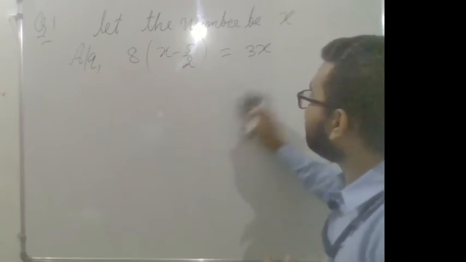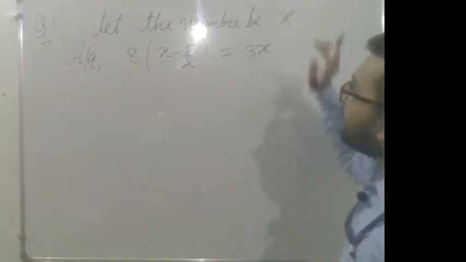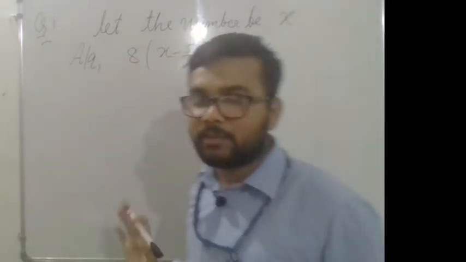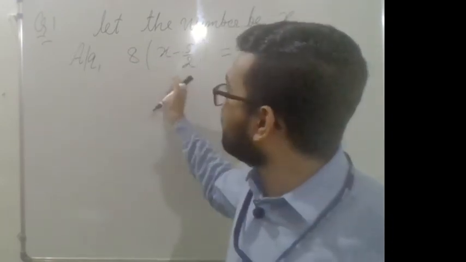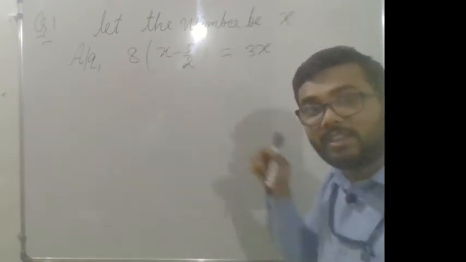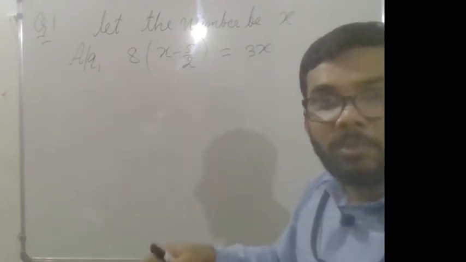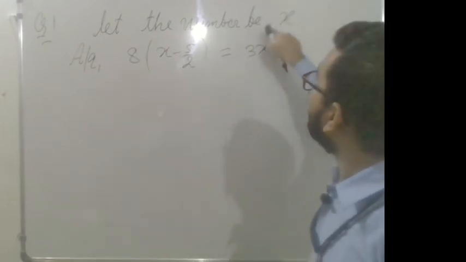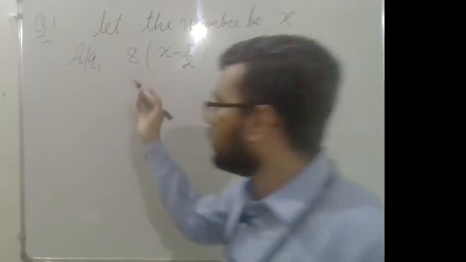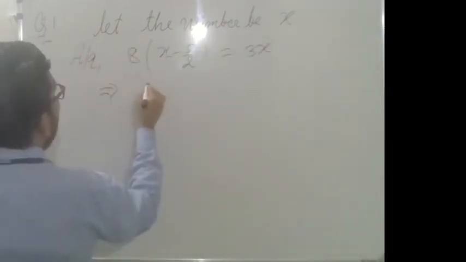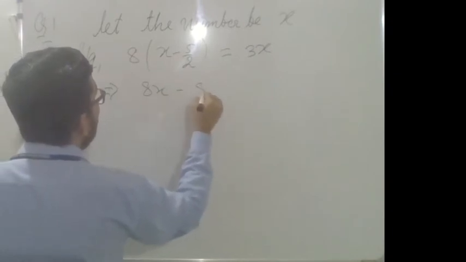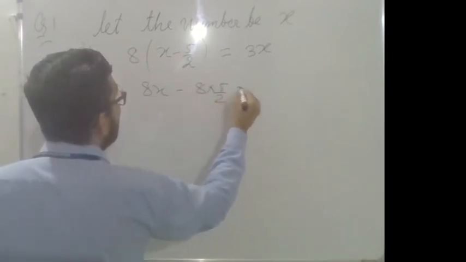Similarly, if she thinks x, we will write x minus 5 by 2. Now when it is multiplied by 8, you will get a result which is 3 times the number she thought. She thought x, so 3 times x is 3x. Now just break the bracket, that is 8 into x minus 8 into 5 by 2, that is equal to 3x.